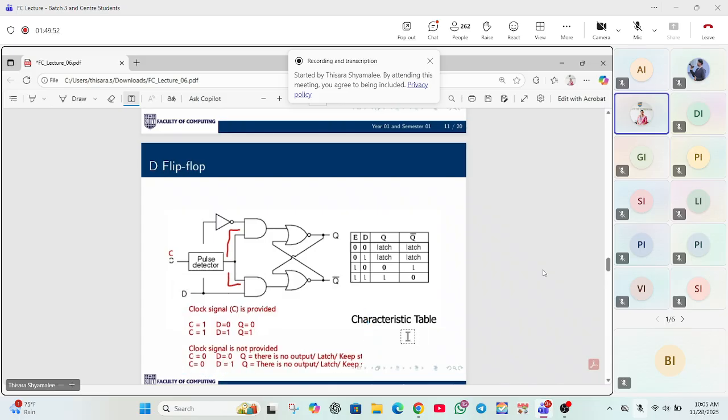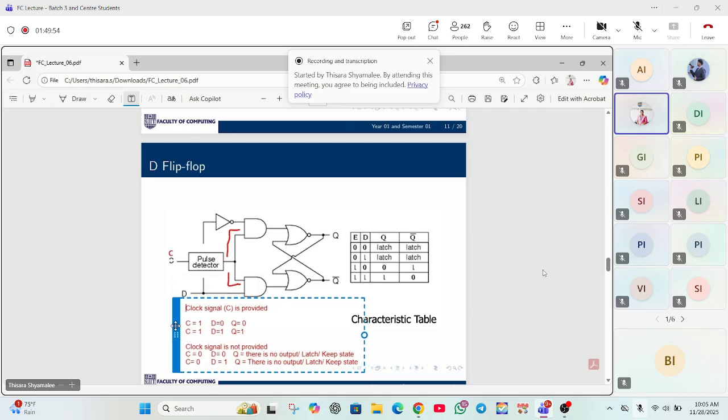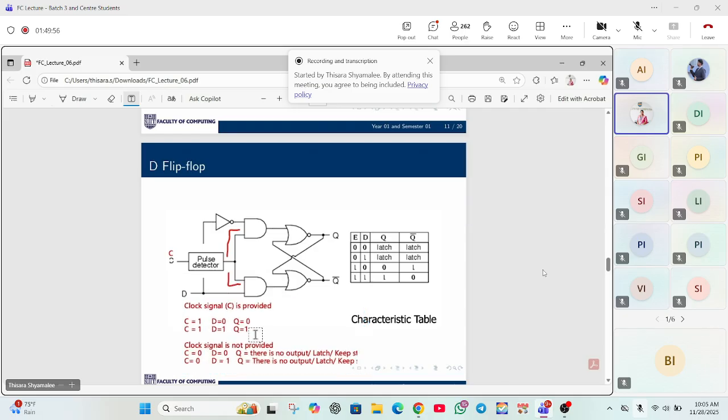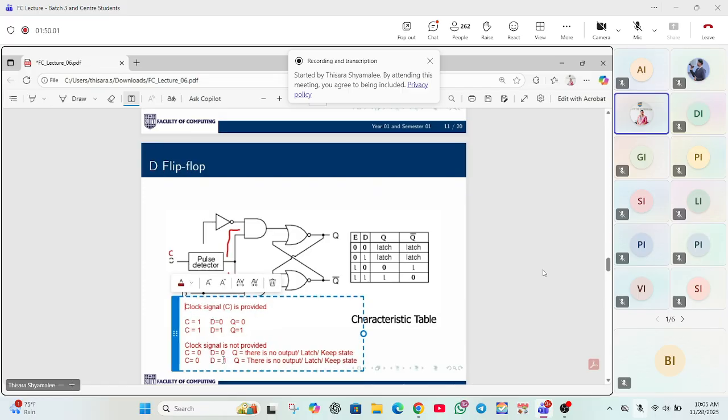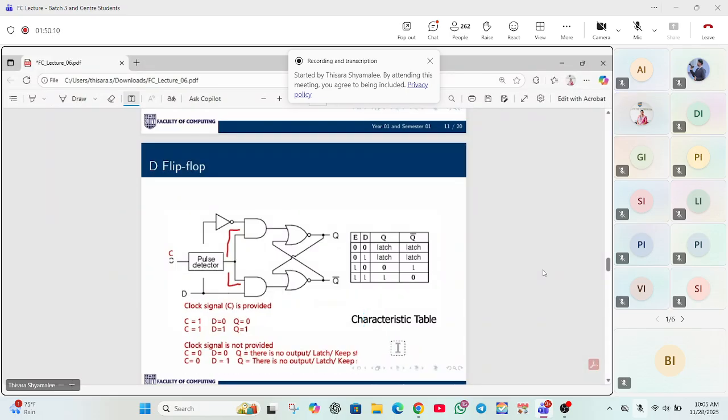If the clock signal is not provided, we take the same D0, D1, and then Q has no output, it latches or keeps state. This is the same thing.